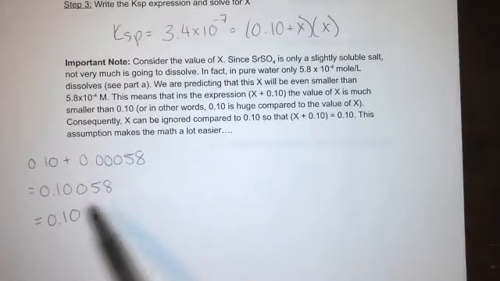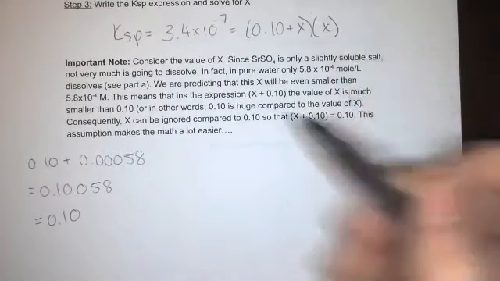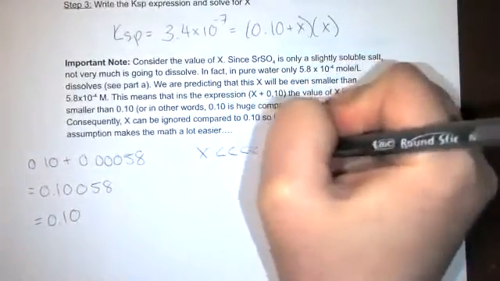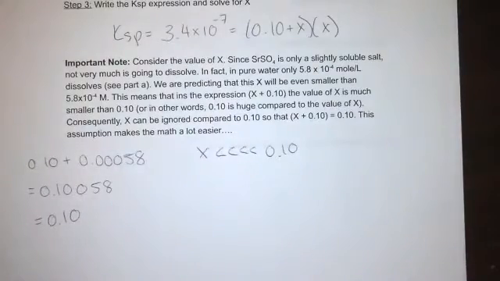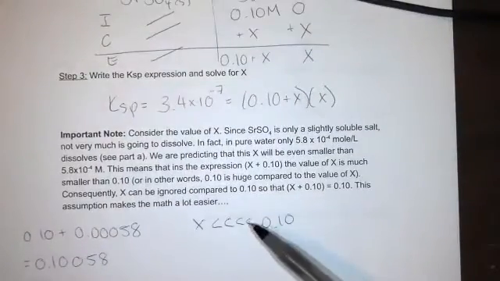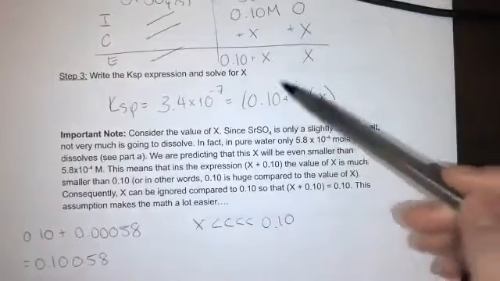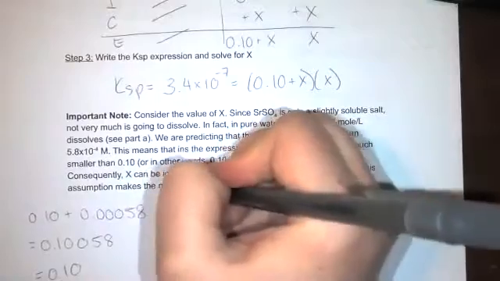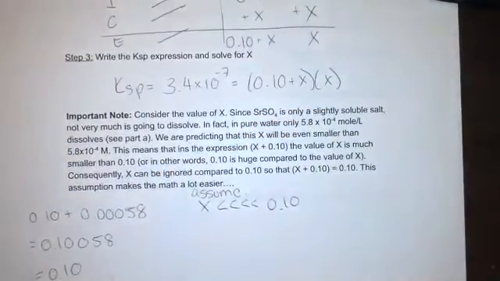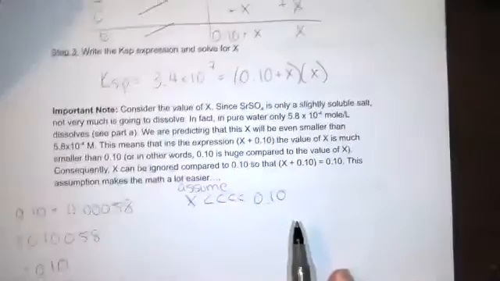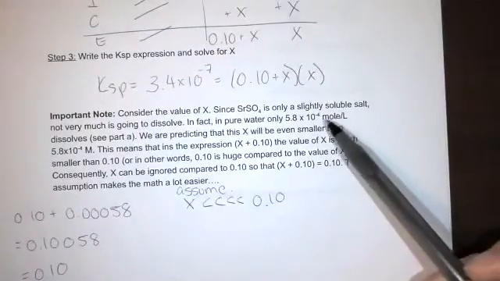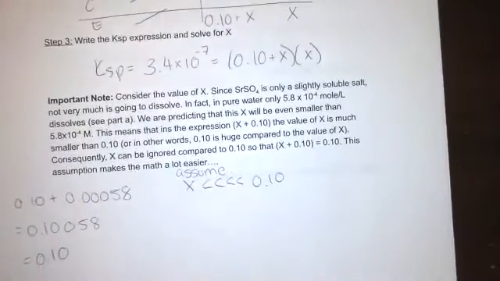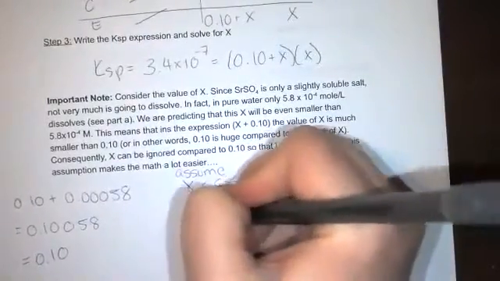Because of this, because my X value is going to be so incredibly much smaller than this 0.1, I can assume that after sig figs, my value is just going to be 0.1. So I'm going to assume here, based on what I know about the solubility in pure water and the fact that this is going to be even less soluble, that because my x is so much smaller, I can do this with my math.